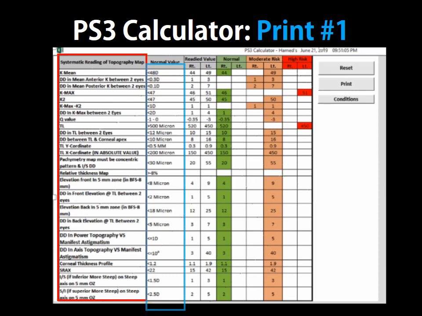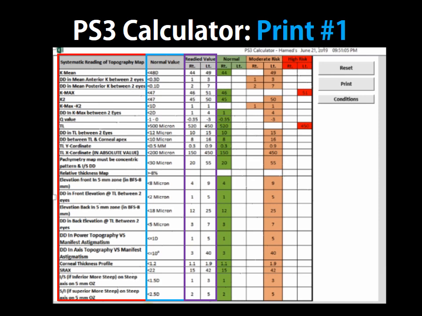In the second column, we have the normal values. If we exceed the normal value, we are differentiated: either a moderate risk value or a high risk value. After that, we have the values of that particular patient that we entered inside the calculator.